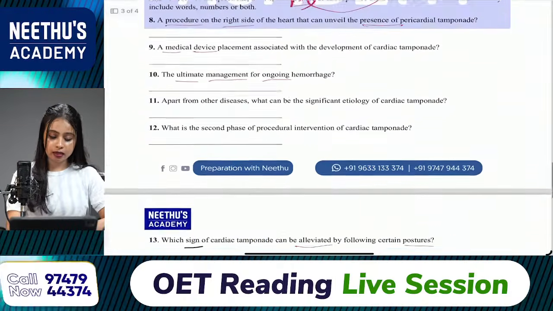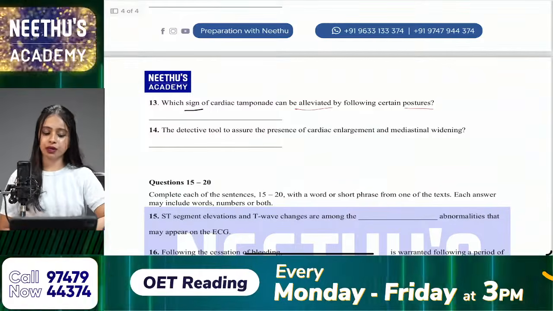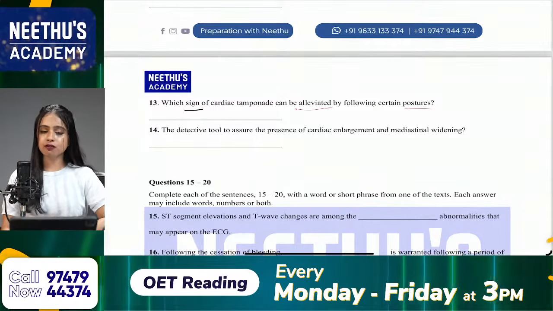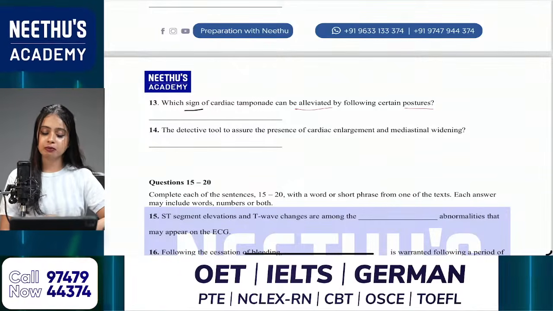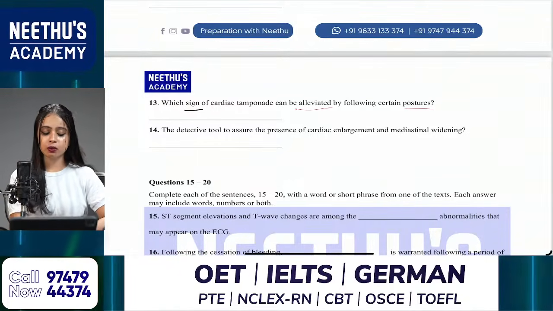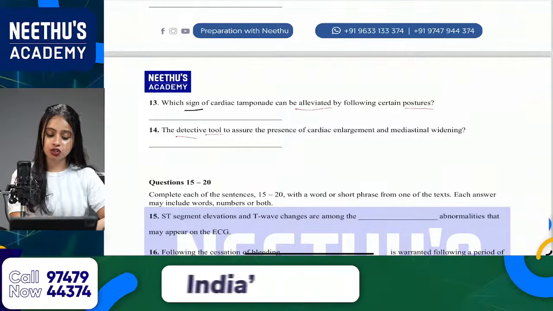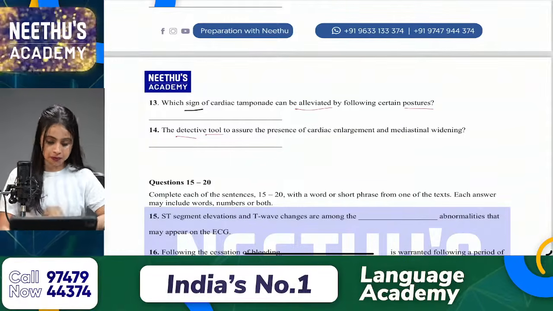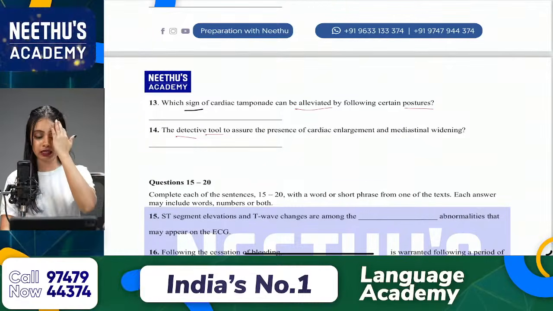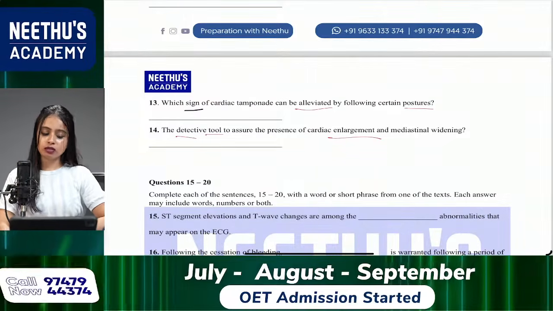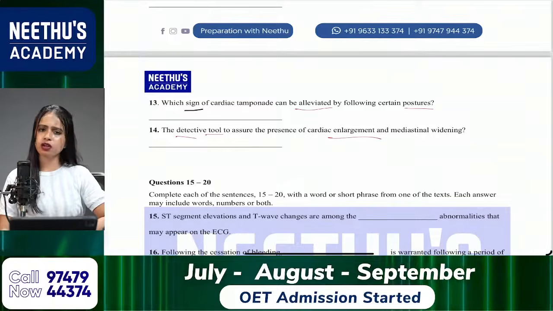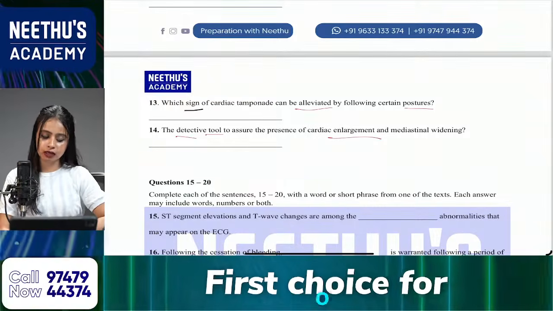Alright, then the last one, 14th one: the detective tool to assure the presence of cardiac enlargement and mediastinal widening. So my keywords: detective, tool, as well as enlargement. Okay, so any idea? Okay, Vidya, very good. Your answer is correct, chest discomfort.